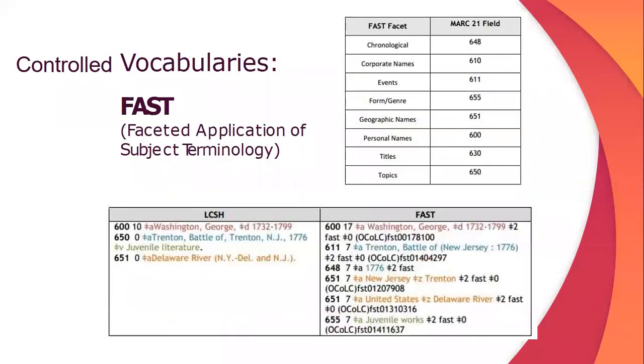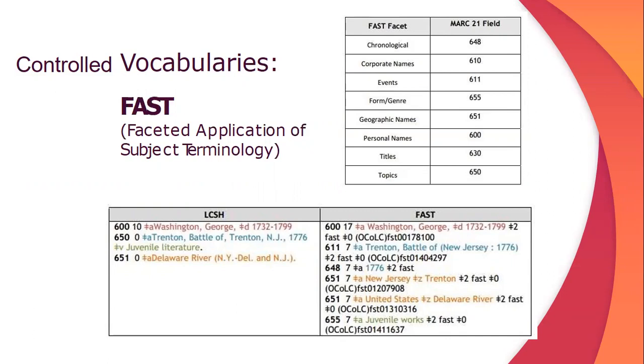Next, controlled vocabularies, the faceted application of subject terminology. FAST is derived from the Library of Congress Subject Headings, one of the library domain's most widely used terminology schemes. It has been developed to meet the need for a general use subject terminology scheme which is simple to learn and apply, faceted navigation friendly, and modern in its design.